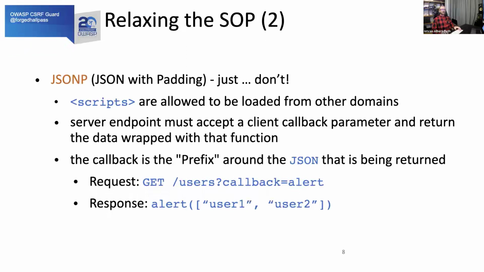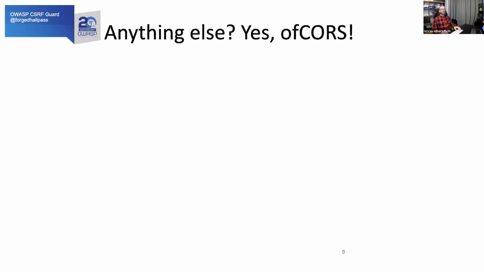So for example, if the client would make a request against the user's endpoint, he would need to provide a JavaScript function as a callback, and then the server would wrap the data and send it back that way. So the JavaScript would be executed. Of course, this is not a really good idea from a security point of view, so make sure you don't use it.